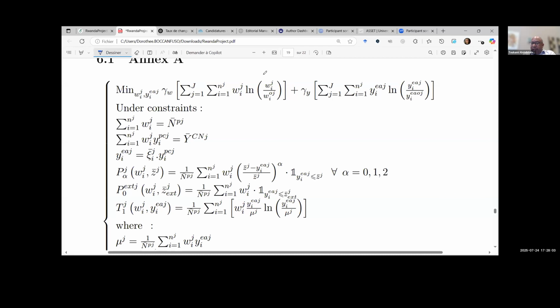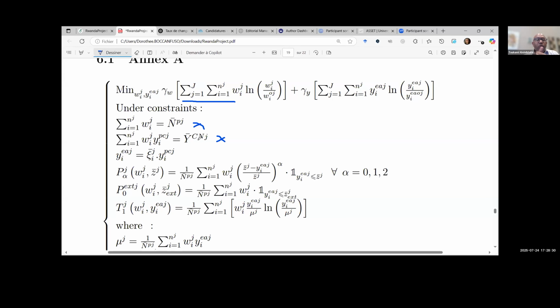We need that when we aggregate the weights, we find the value at the population level, and when we extrapolate each flow to the level of the whole economy, we have the national accounting value, or the value in the sum. This is the philosophy.